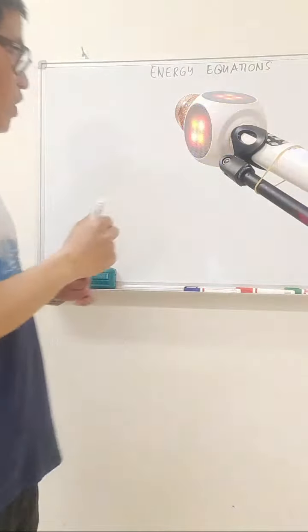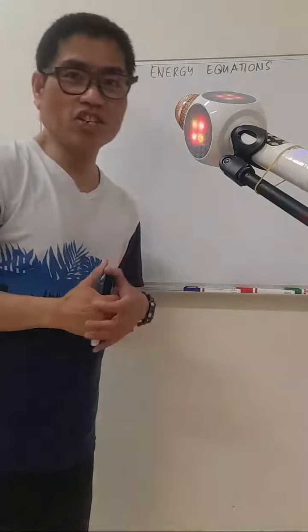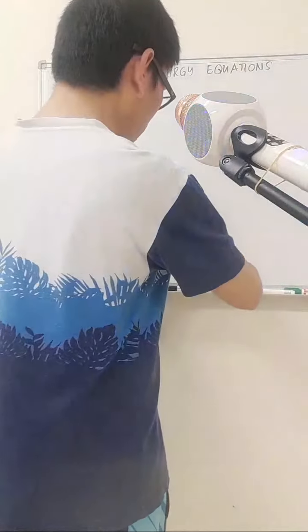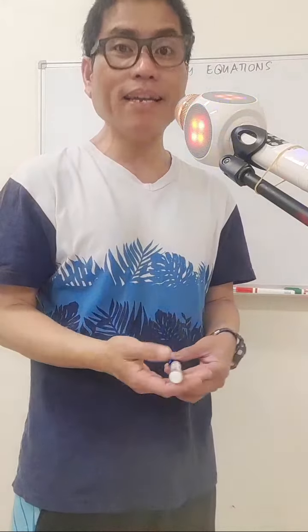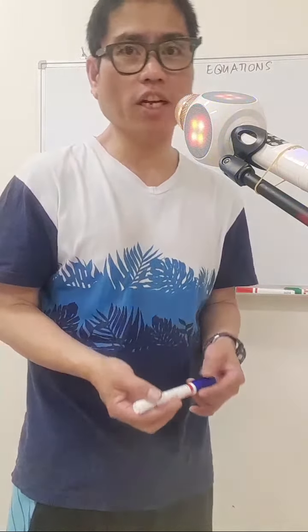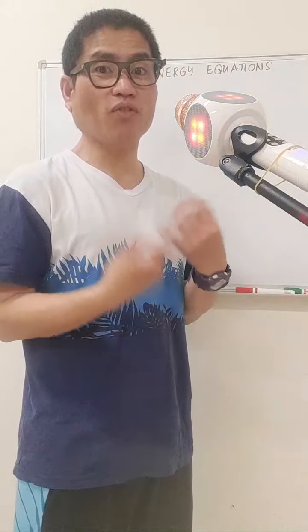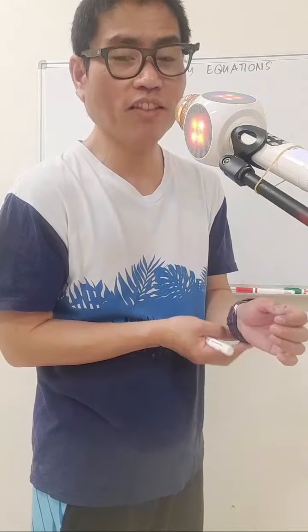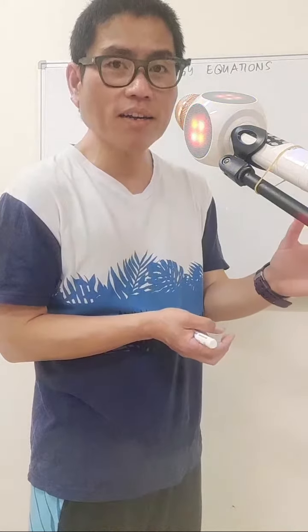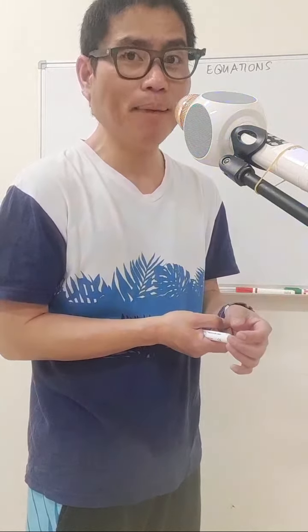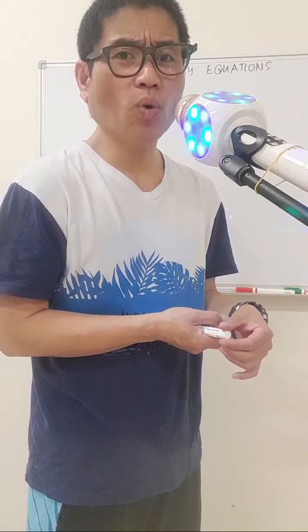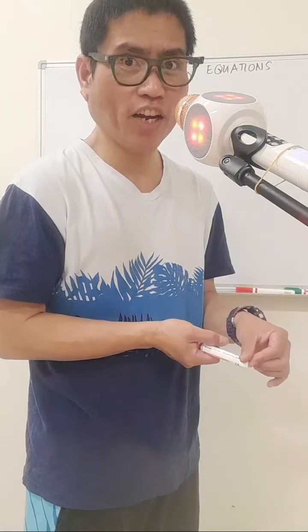Okay, energy equations. Then, what is energy? Energy is the capacity and the ability to do work. So for example, in a future written examination, there's a question like that: blank is the capacity and the ability to do work. And your answer will be energy.